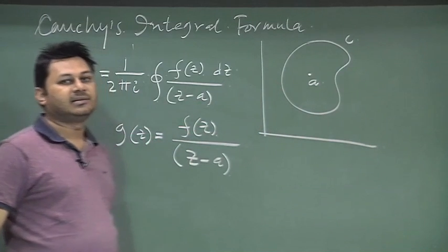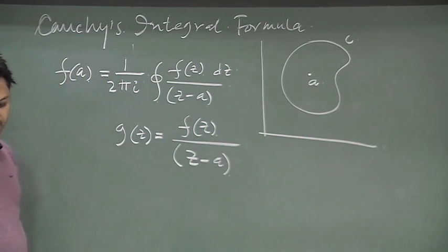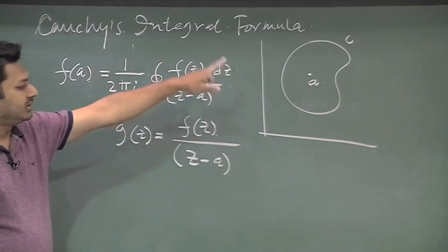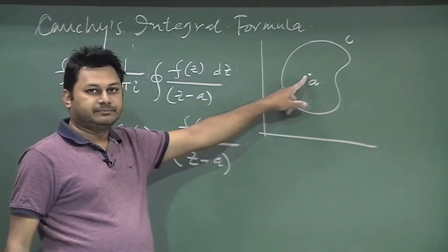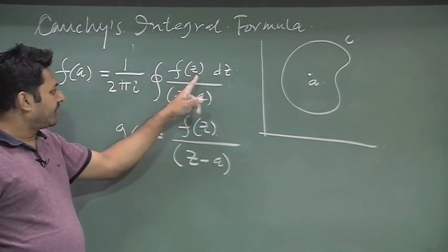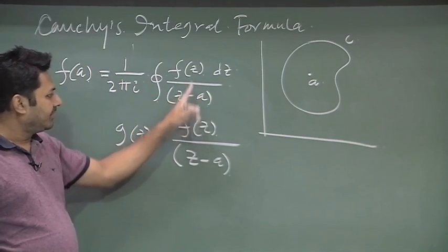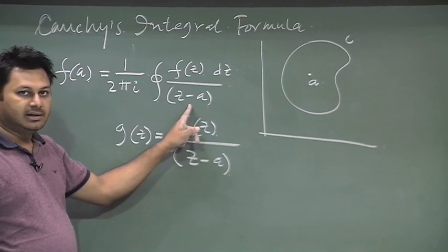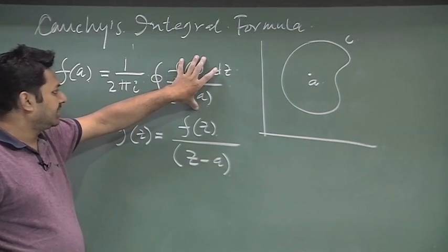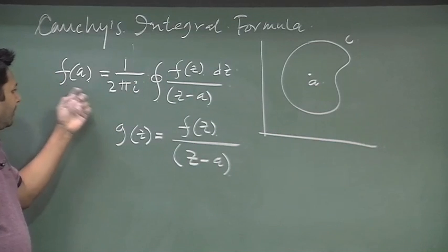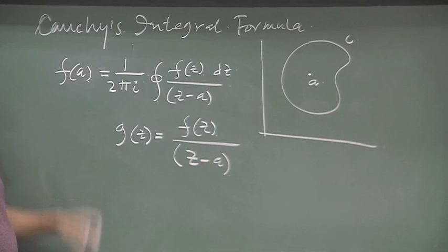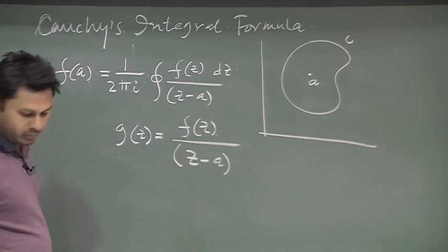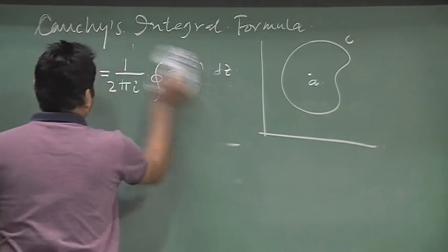That is the statement. If f(z) is analytic over the region C and a is some point here, and I manage to find the functional form f(z) divided by z minus a, then this integration can be evaluated and the value will be 2 pi i multiplied by f(a).